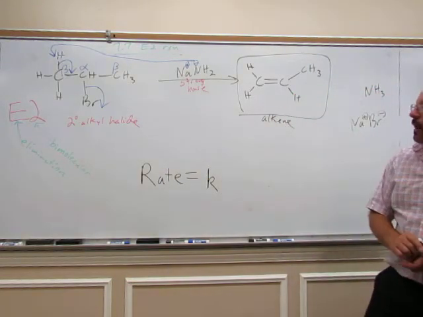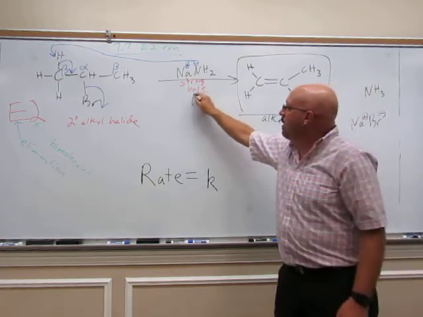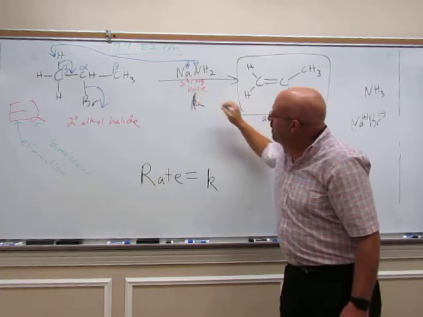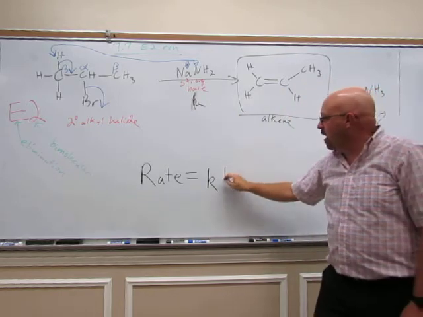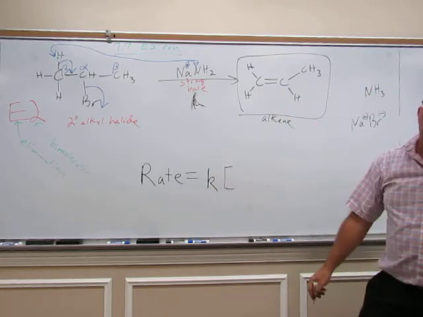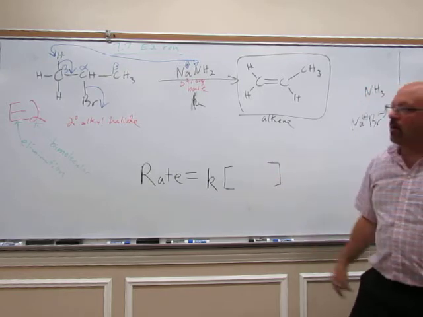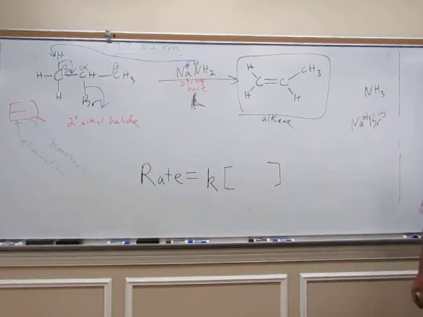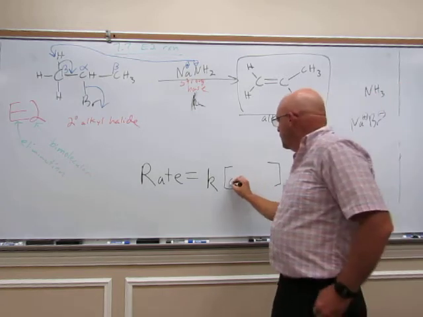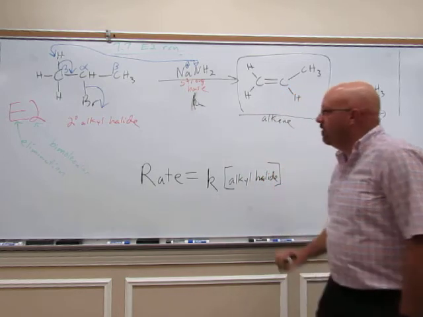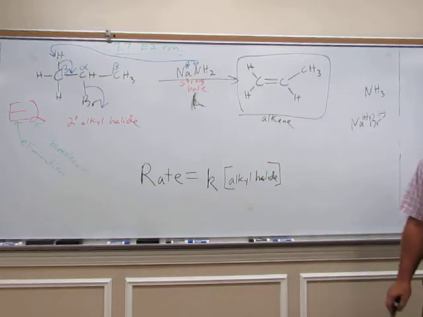Well, there's only one step, so there's a rate constant for that step, times the concentration of the species that are involved in that slowest step. So I'll let you tell me what's involved here. Alkyl halide. Anything else? The base.